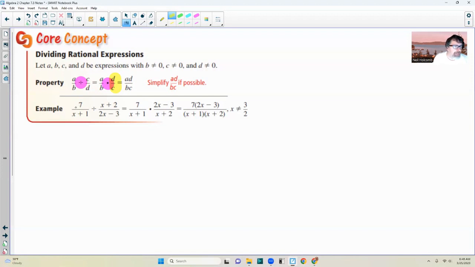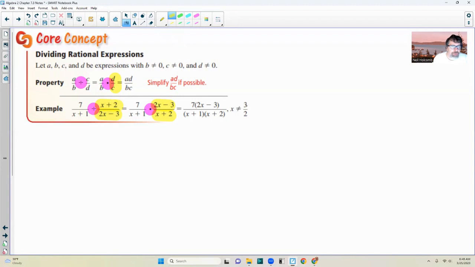So here's an example. 7 over x plus 1 divided by x plus 2 over 2x minus 3 equals 7 over x plus 1, which did not change. The division changed, and the x plus 2 over 2x minus 3 became 2x minus 3 over x plus 2. And then you combine them like so. Whenever there's a times, all you have to do is extend the multiplication symbol and put everything together. And you get 7 times 2x minus 3 over x plus 1 times x plus 2.